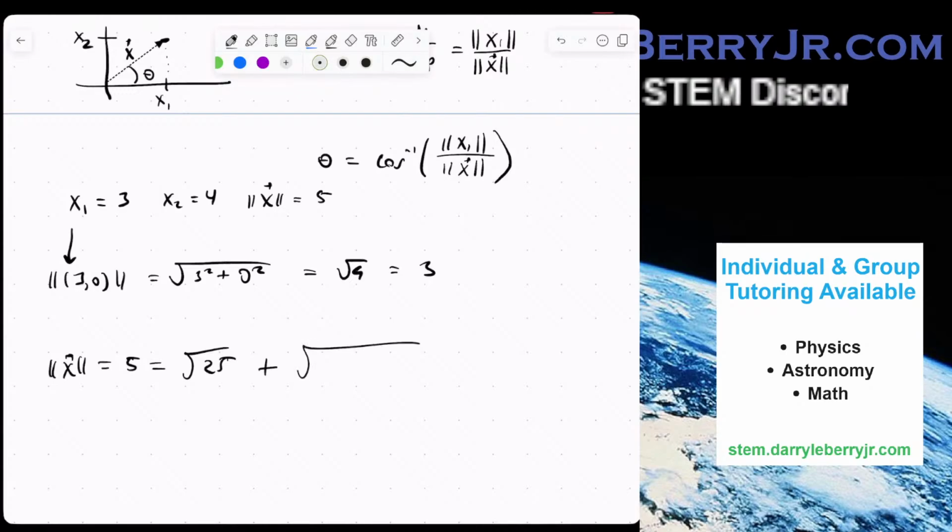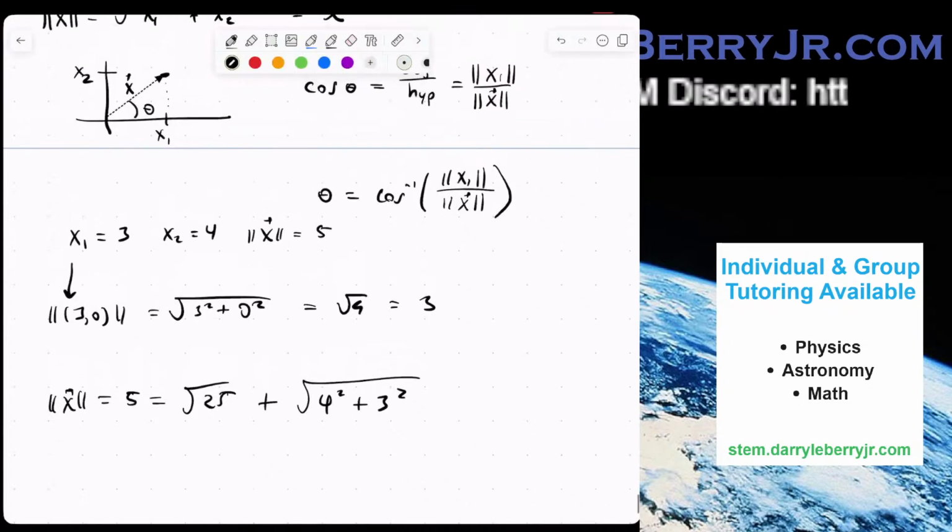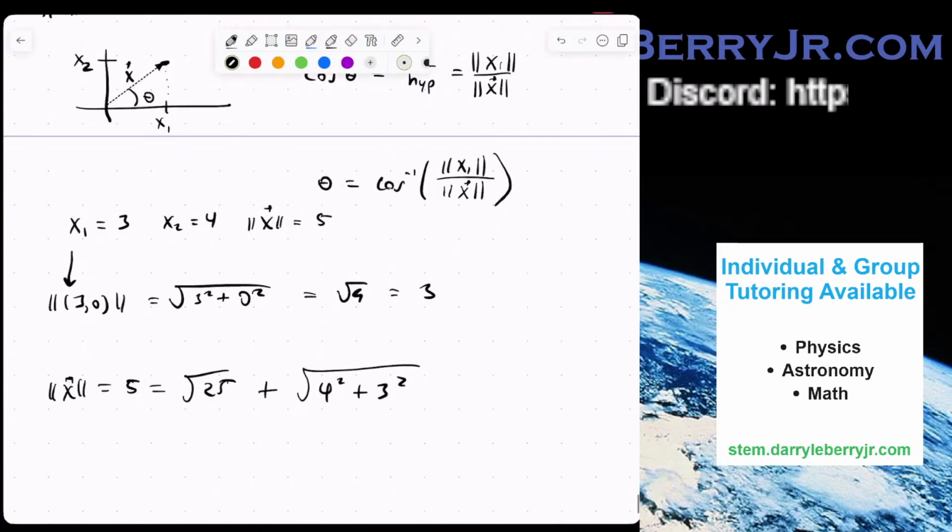So we could even say that we have 4 squared plus 3 squared from the fact of the 3, 4, 5 triangle, which makes sense because x is going to be x1, x2, which is 3, 4.